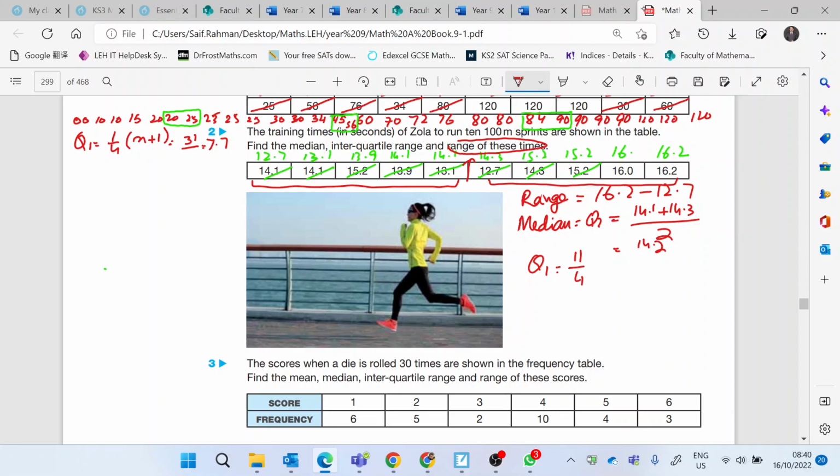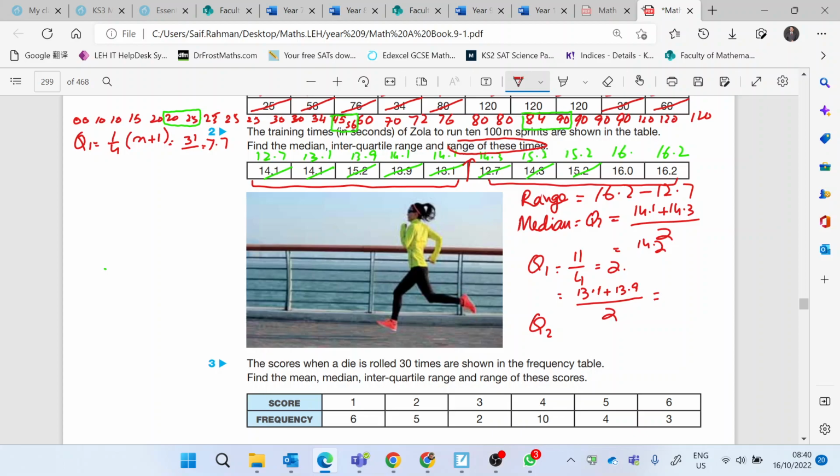So this should give us 2 point something. So that gives the average of 13.1 and 13.9. Okay, so 13.1 plus 13.9 divided by 2. This should give you the Q1.